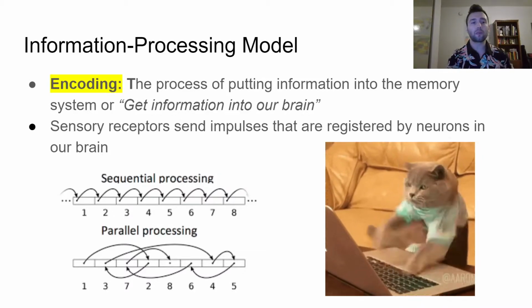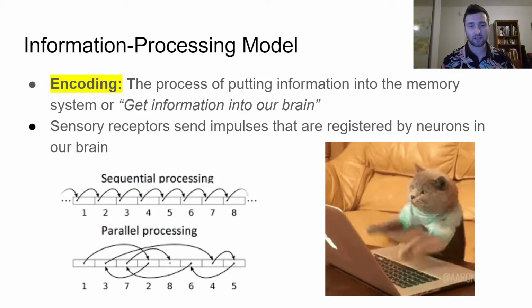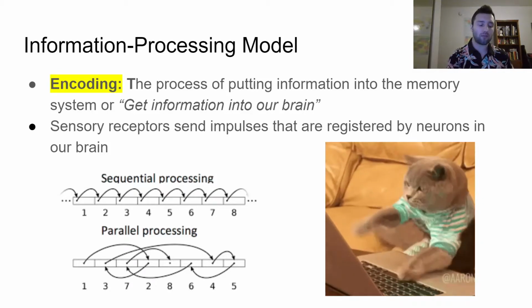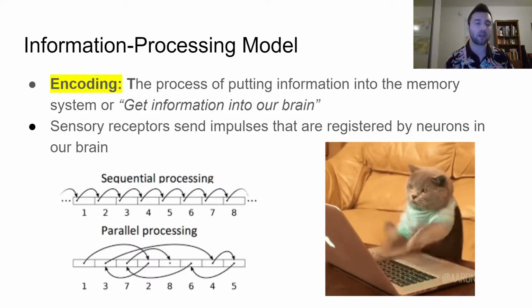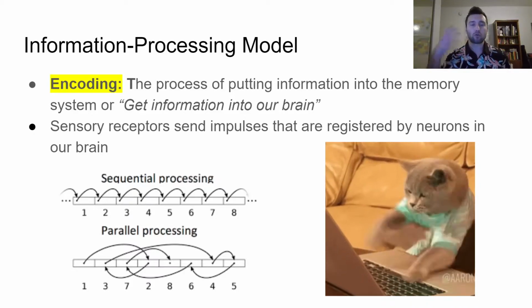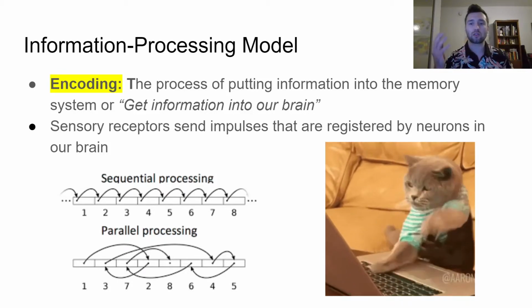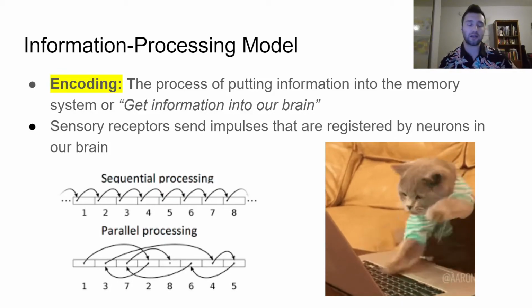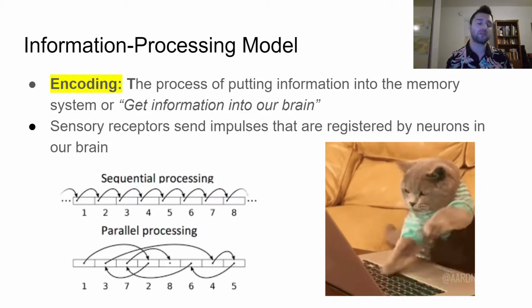We have sequential processing, and we have what's called parallel processing. As humans, our brain is always doing parallel processing. We're doing multiple things at once. When we are listening or trying to learn or read or carrying out some activity or playing a game, our brain is doing a whole bunch of different activities at once.